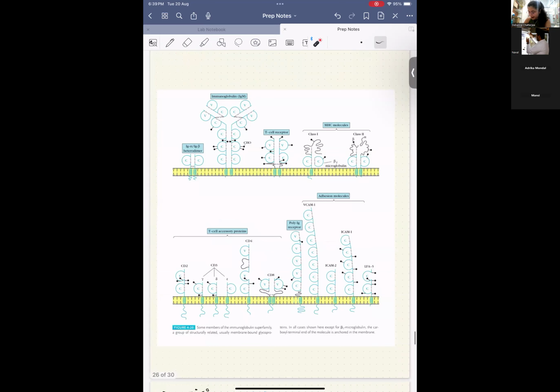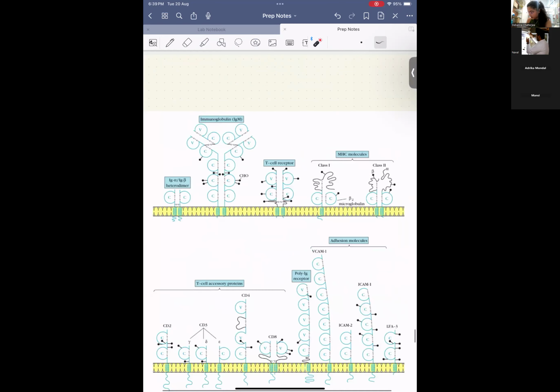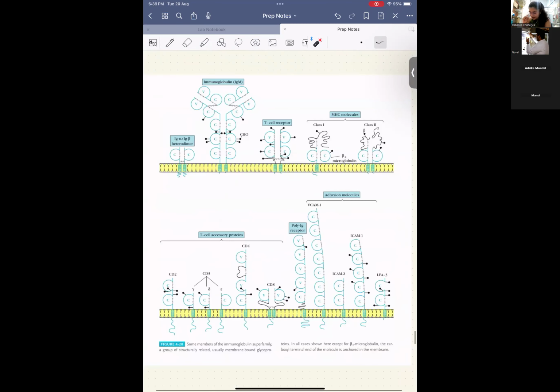Okay. So apart from that, what I also wanted to bring up is that all the cells involved in the immune system are very nicely decorated with different superfamilies of immunoglobulins, or maybe the globular protein structures, right?